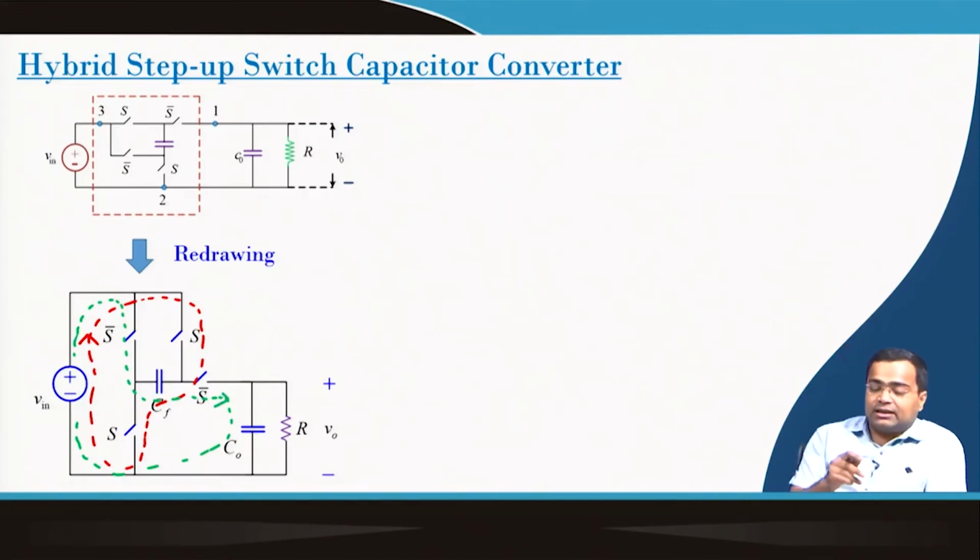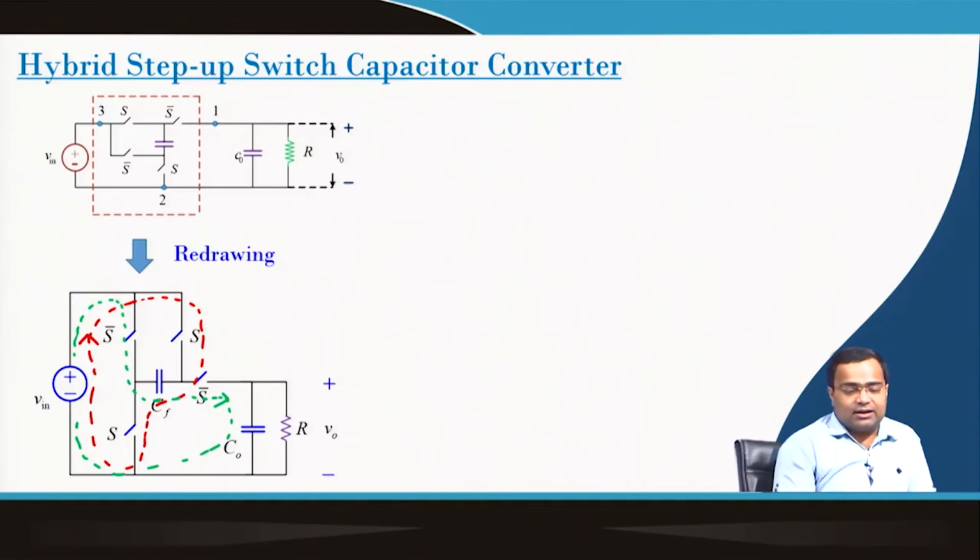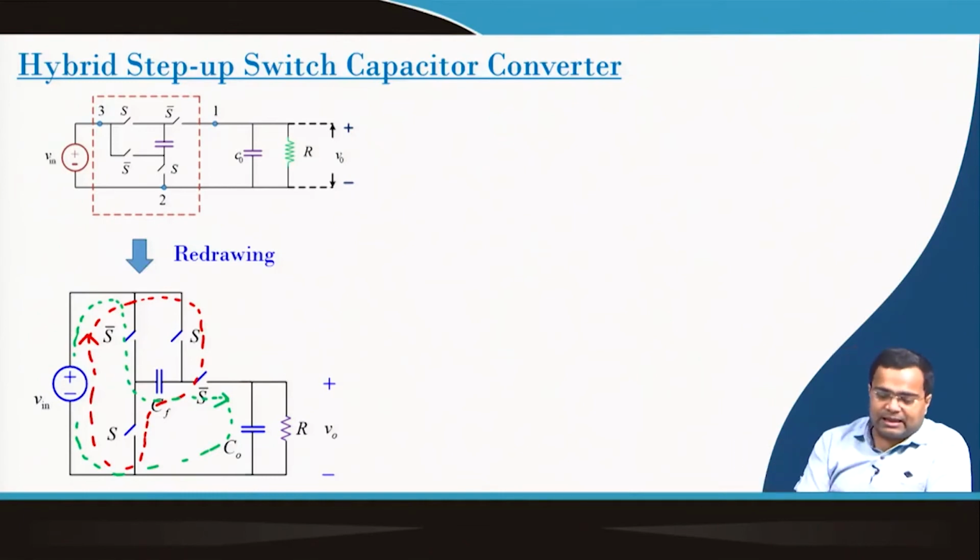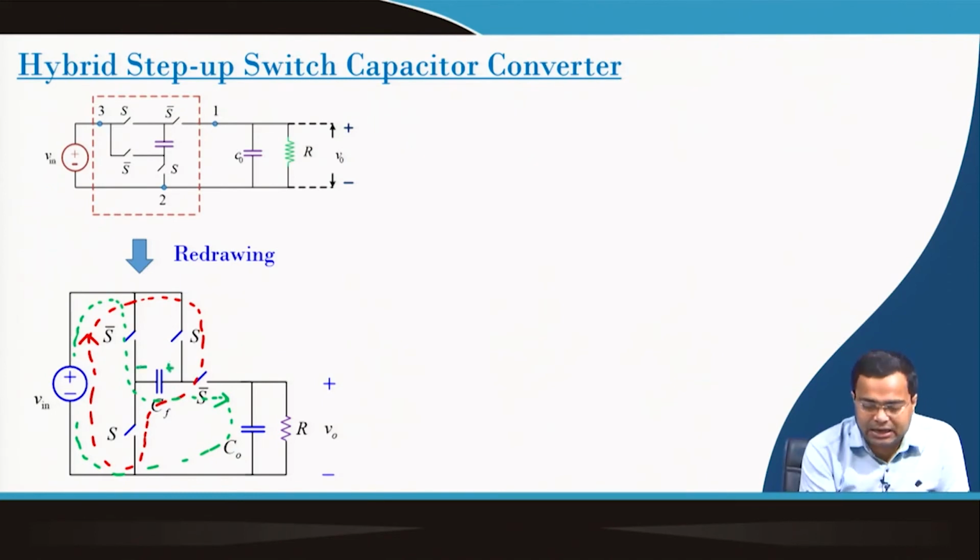Here you see, when it was charging, this flying capacitor voltage is positive on this terminal and negative on this one. So, it was getting charged to the input voltage.